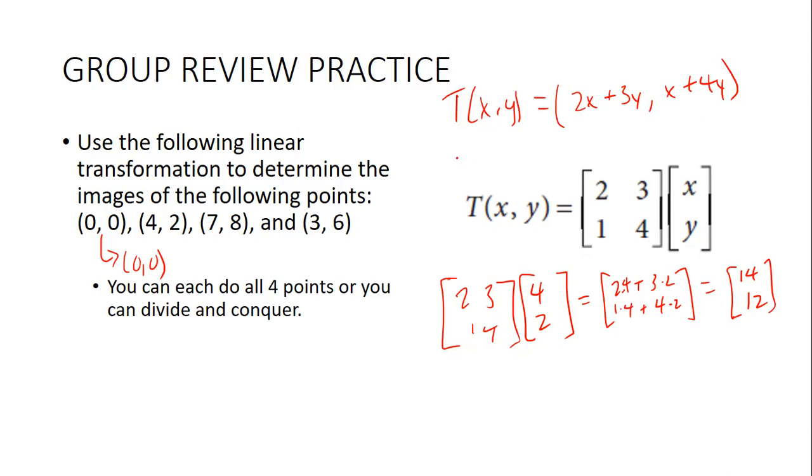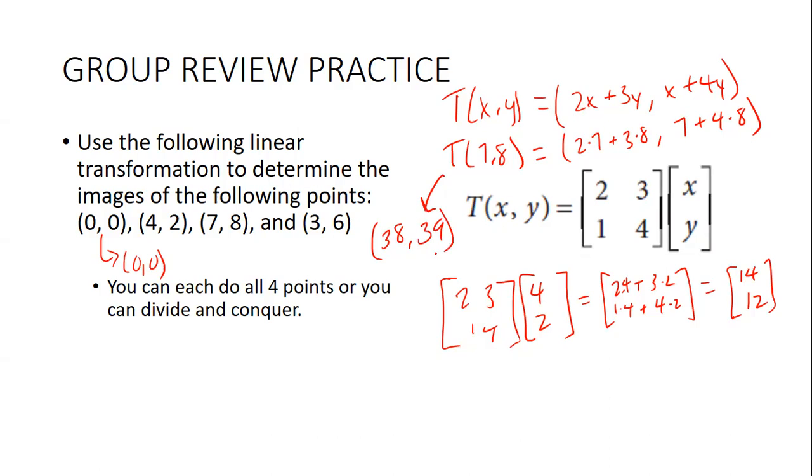So if I was solving for T of 7, 8, that would give me 2 times 7 plus 3 times 8, comma, 7 plus 4 times 8. So where does that put this at? 14 plus 24 is 38. 7 plus 32 is 39.